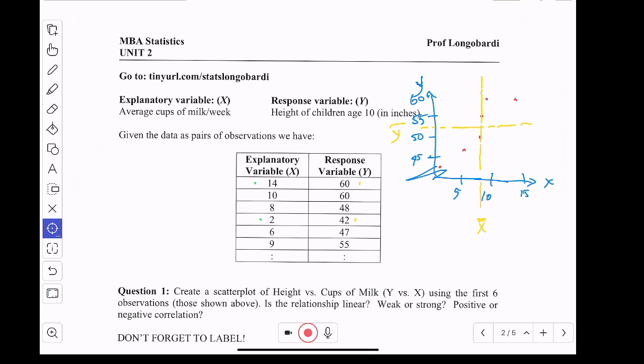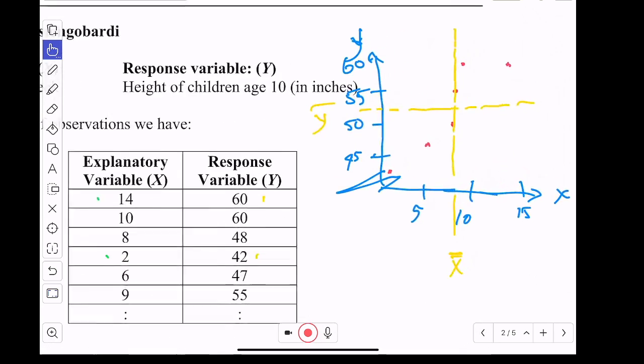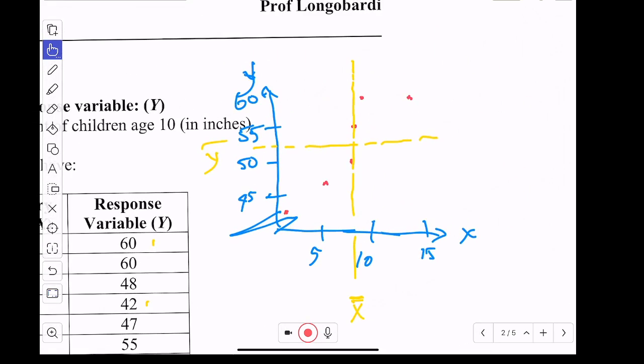Okay, so the question was, when x is above its mean, where does y fall? Which quadrant, high or low? I'll make this bigger if that's hard to see. So when x is above its mean, where is y?